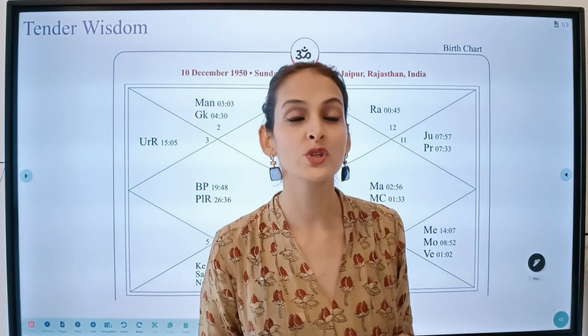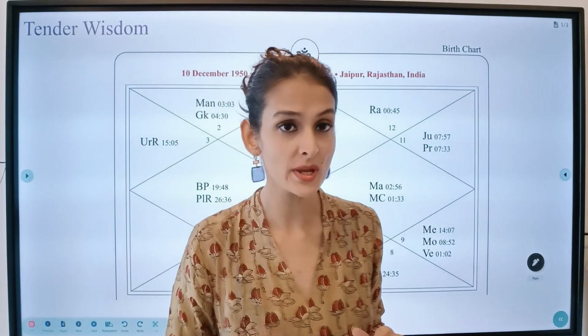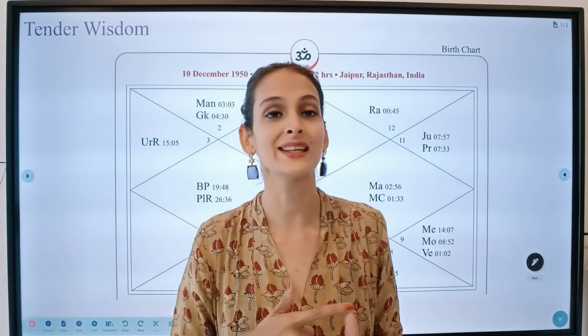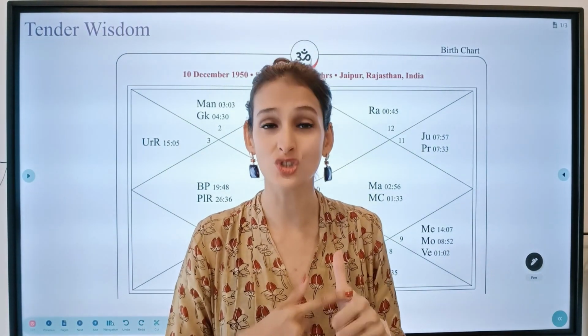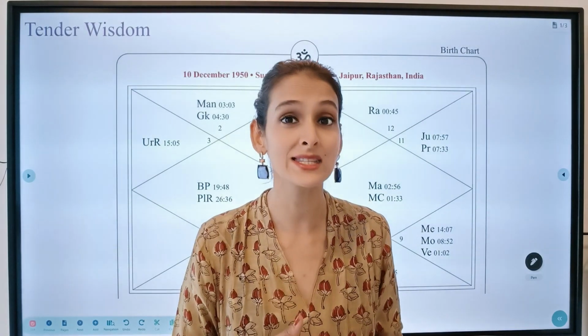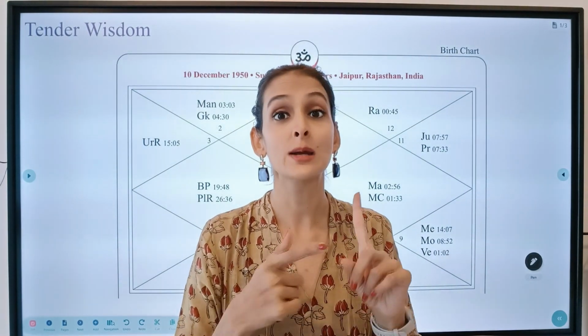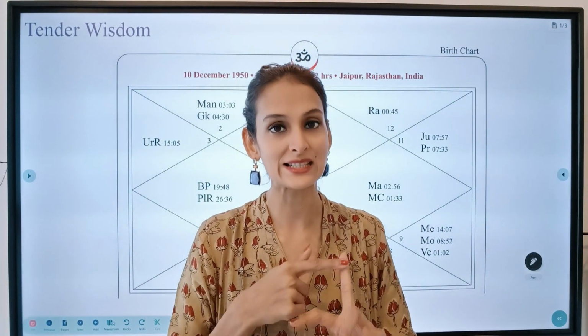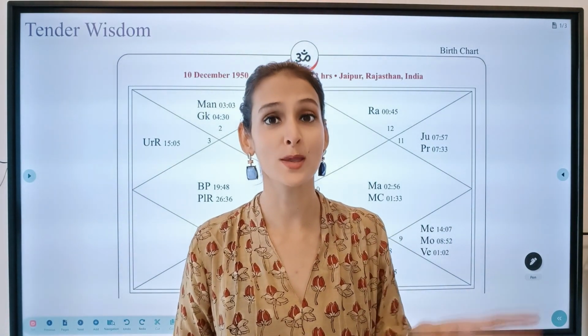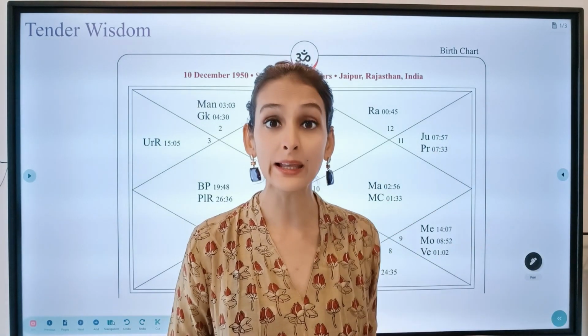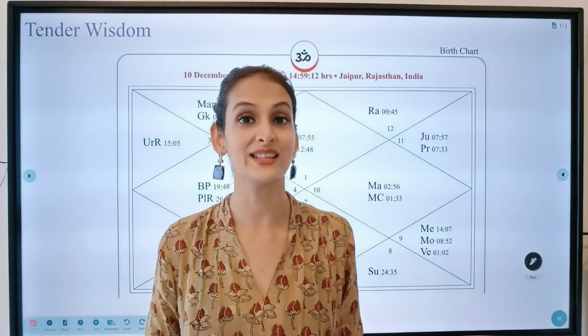The zodiac signs I've given in the description below. The first zodiac sign is Aries, the second is Taurus, number 3 is Gemini, number 4 is Cancer, number 5 is Leo, number 6 is Virgo, number 7 is Libra, number 8 is Scorpio, number 9 is Sagittarius, number 10 is Capricorn, number 11 is Aquarius, and number 12 is Pisces.